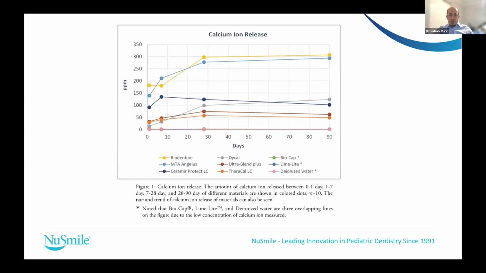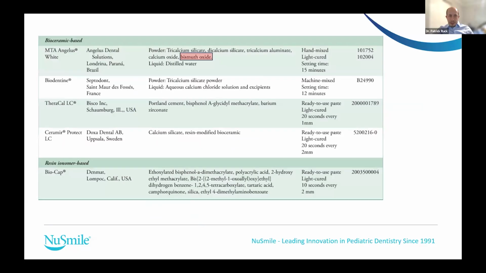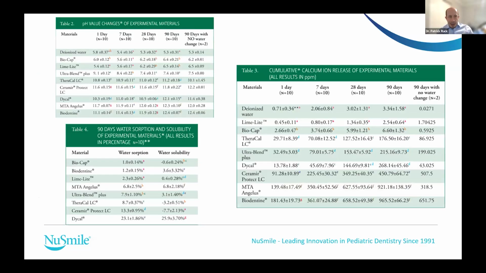If you look at that 2022 study, what I want to point out is that Limelight is not really going to get what you want from a product if your goal is to get the benefits of a diene tricalcium silicate, because it is a calcium hydroxide.